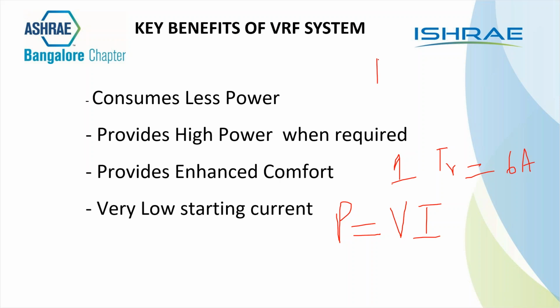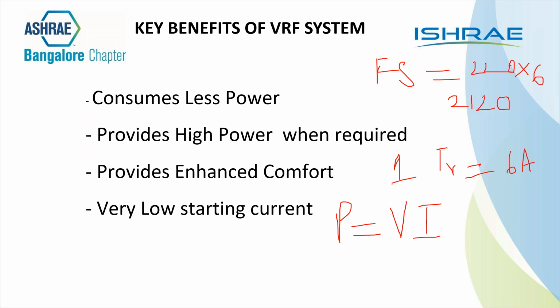For a fixed speed system, let us understand that you have a 1-ton air conditioning system which is consuming 6 amps. That means effectively it will be 220 into 6, which is about 1320 watts.